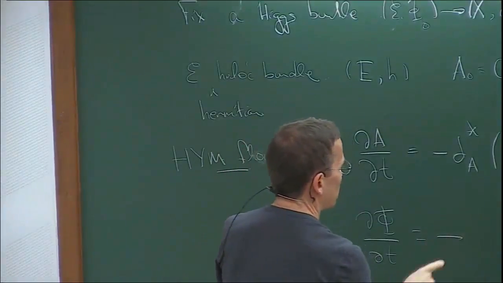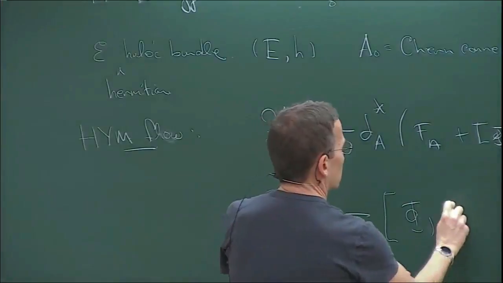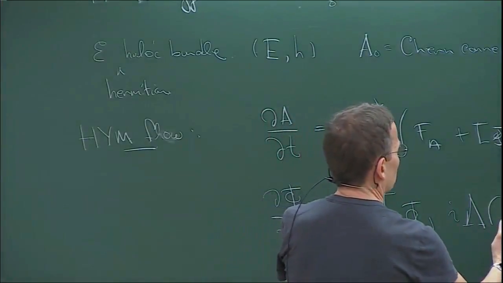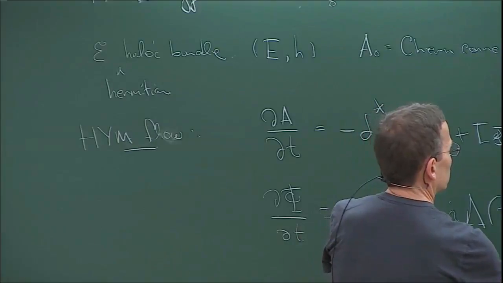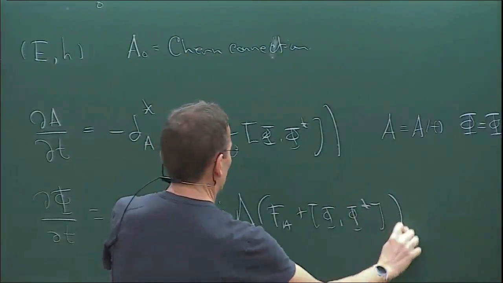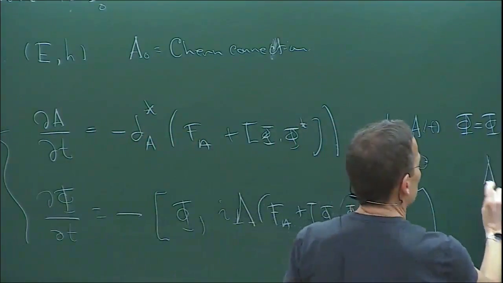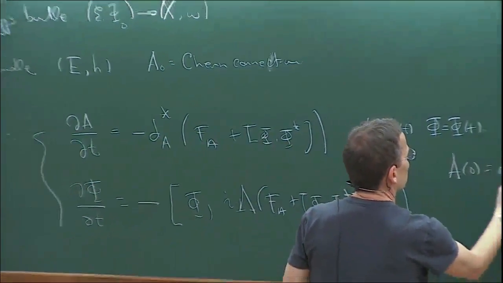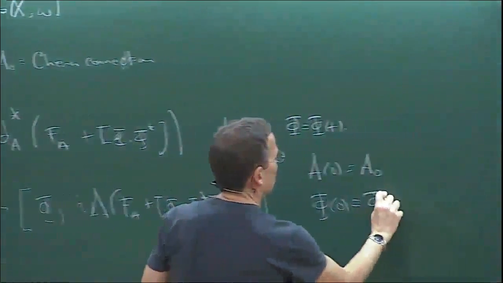I might be wrong on this sign, but this is I, the contraction of... Okay, so this is the Hermitian Yang-Mills flow, and I can impose an initial condition that A of 0 is my initial connection, and phi of 0 is my initial Higgs field.